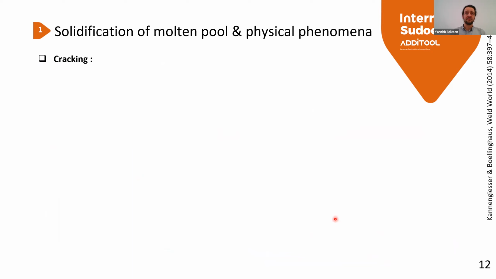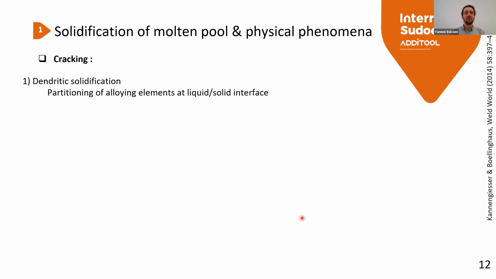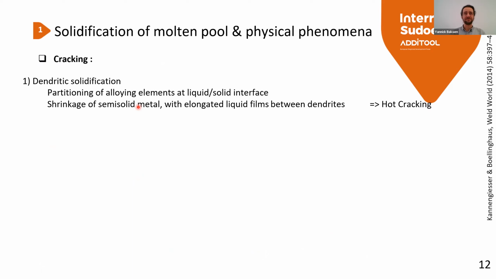The last issue we have is cracking. We have to understand that in dendritic solidification, we are partitioning alloying elements at the liquid-solid interface. Some elements go into the liquid phase, and some into the solid phase. So we have segregations. And then, from the mechanical point of view, we have a shrinkage of this material during cooling, we have differential shrinkage, and we have a semi-solid material.